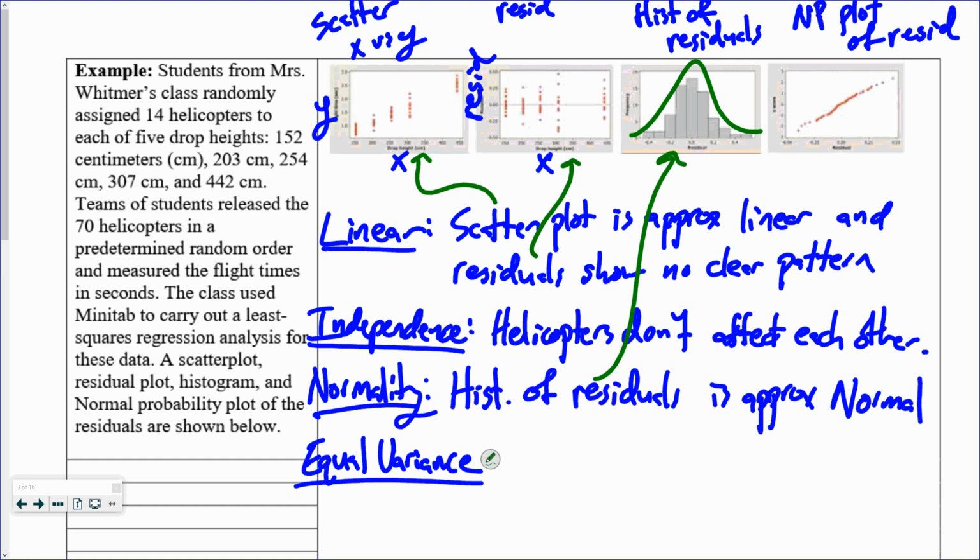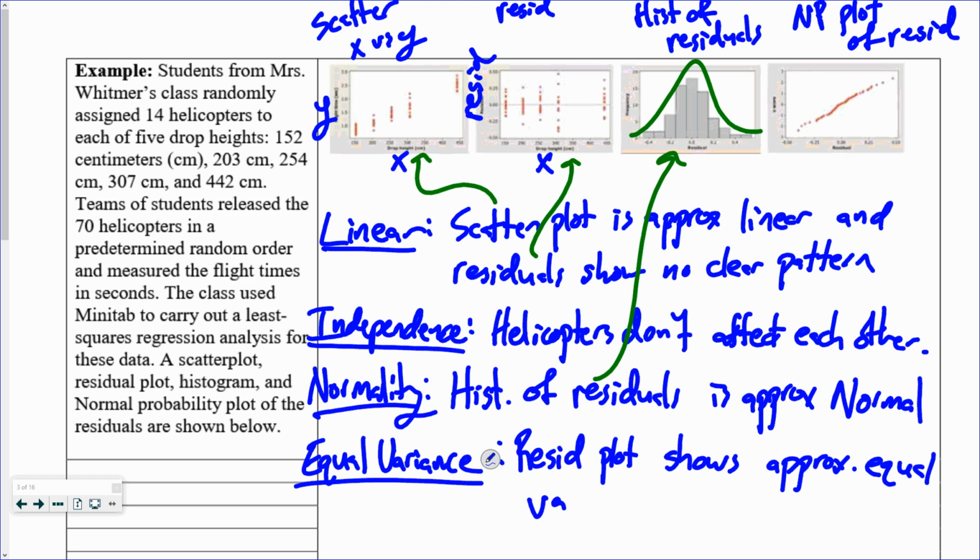When we're looking at equal variance, we want to look at the residual plot. And here it shows approximately equal variance at all values of x.